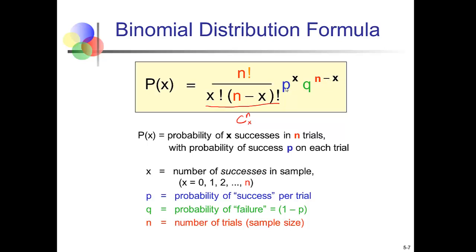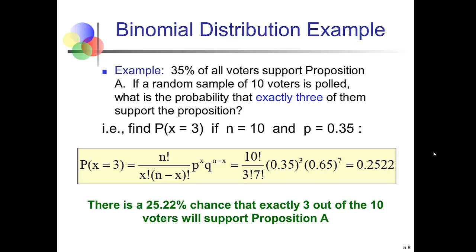So if we had 3 successes, we'd have that probability of success times itself a total of 3 times, times the probability of failure times itself a total of 7 times. So p to the 3rd power, q to the 7th power for our voting example. So let's actually plug that in and work it out. This is the same setup we had just a moment ago: exactly 3 voters out of 10 support the proposition when we know only 35% of all voters support the proposition.